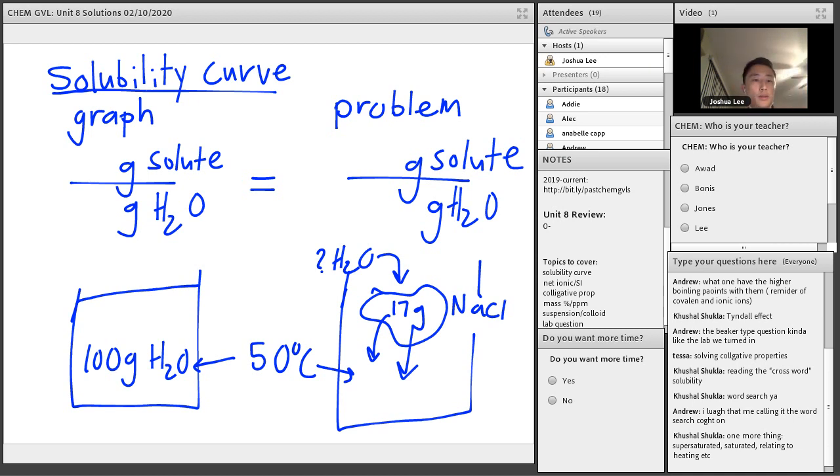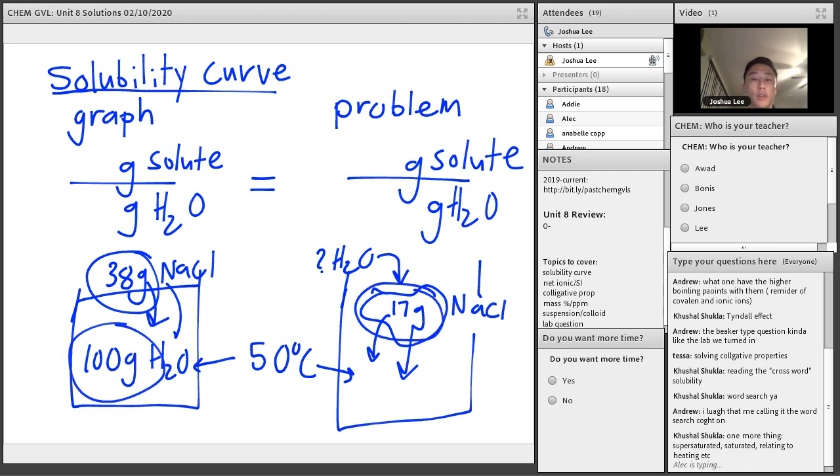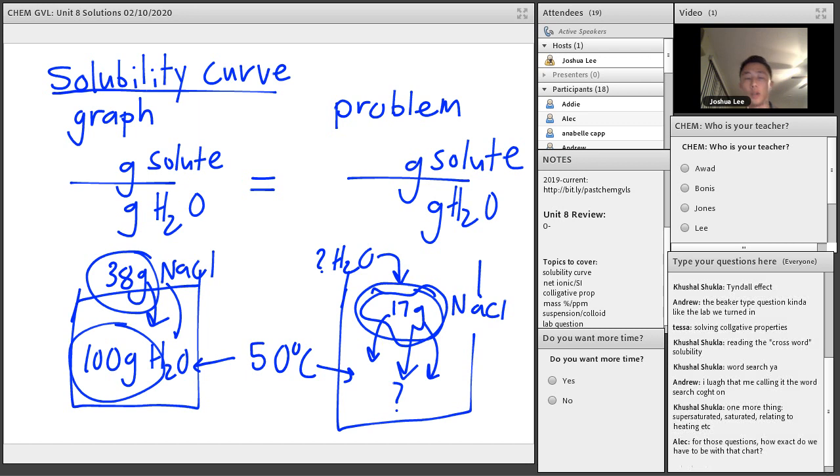That means 38 grams of NaCl will dissolve in exactly 100 grams of water at 50 degrees Celsius. So setting up this proportion, I know 38 grams goes into 100 grams. Then I just have to know, 17 grams will go in how much water?